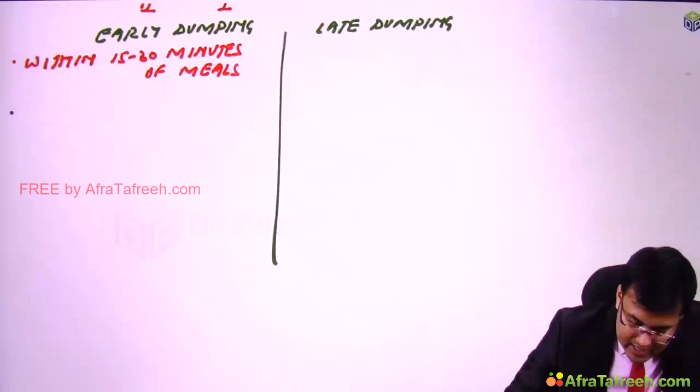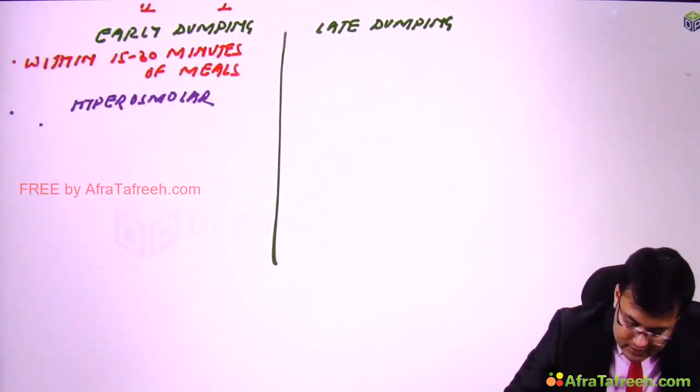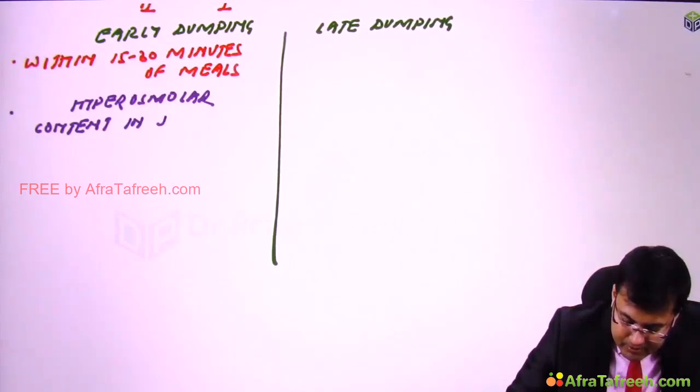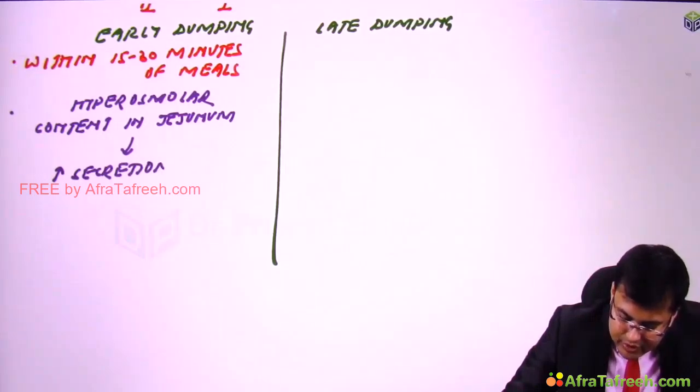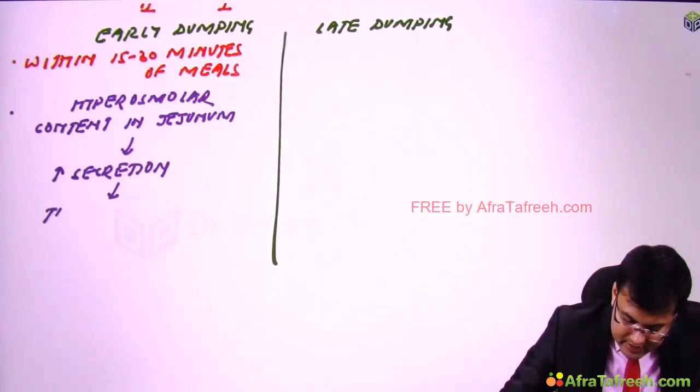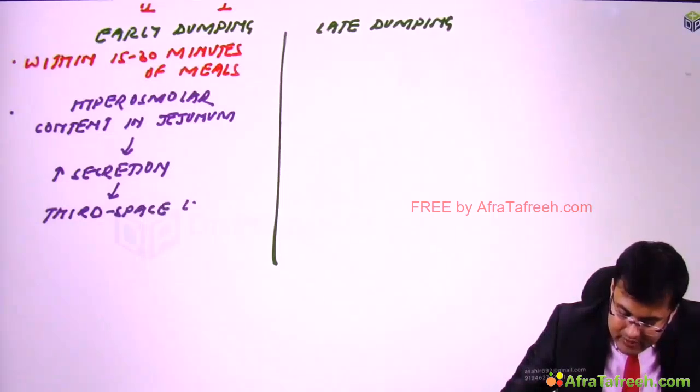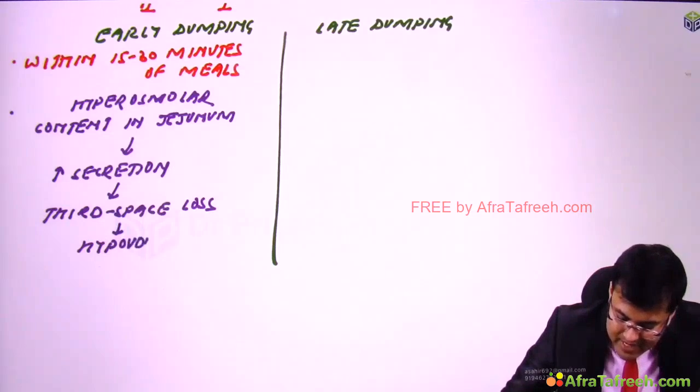Here there is hyperosmolar content in the jejunum or small intestine. Because of that, there is increased secretion into the jejunum. Because of that, there is third space loss. And because of this third space loss, there is hypovolemia.